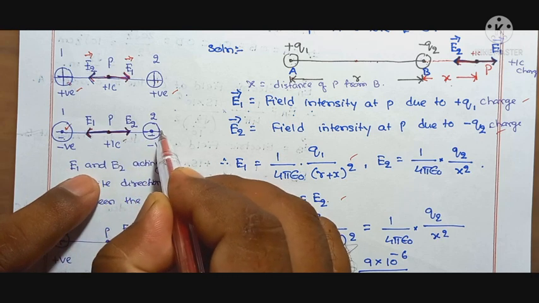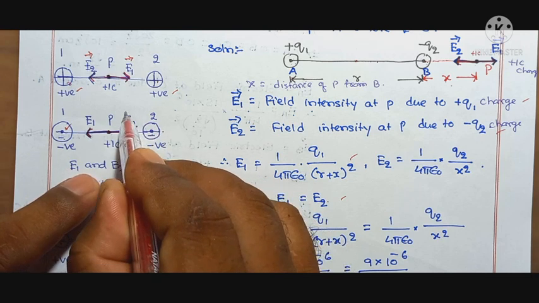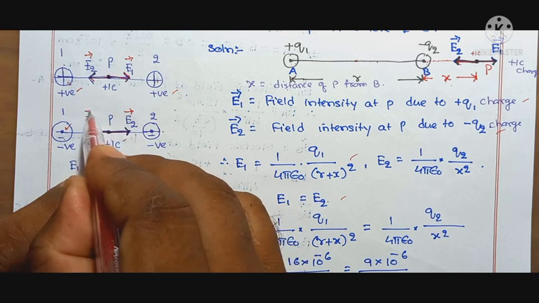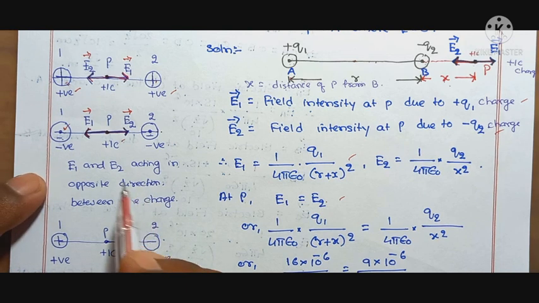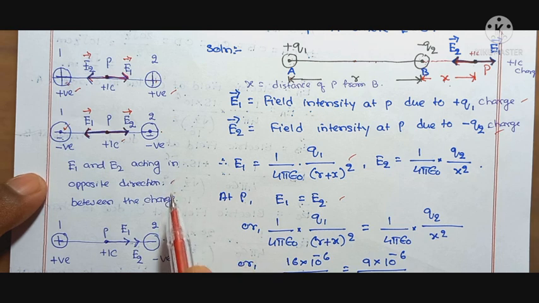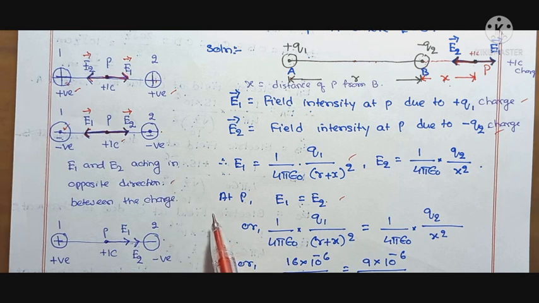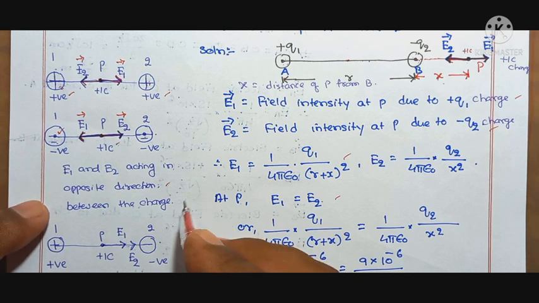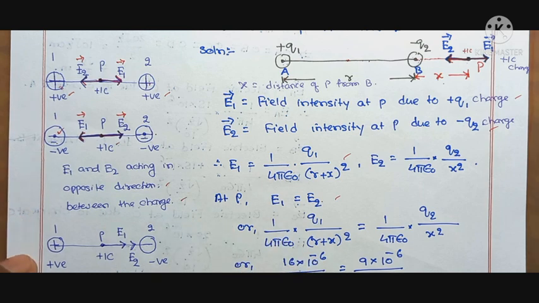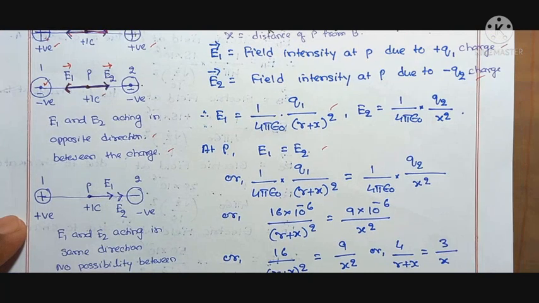So electric field intensity due to this negative charge is E2. So when both charges are positive or both charges are negative, E1 and E2 are acting in opposite direction. Then the neutral point where electric field intensity will be 0 will lie between the two charges.